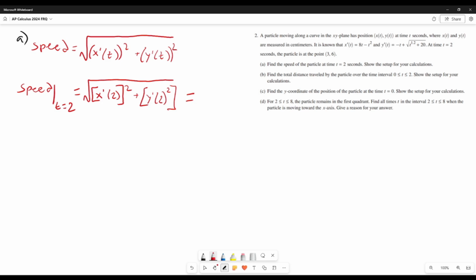And if you plug that into a calculator, you should get 12.305, or if you truncate, 12.304.